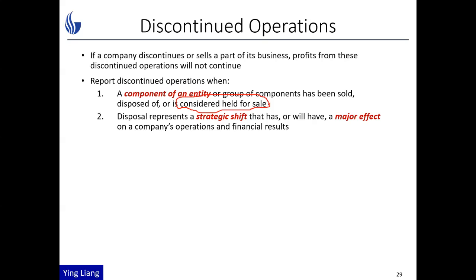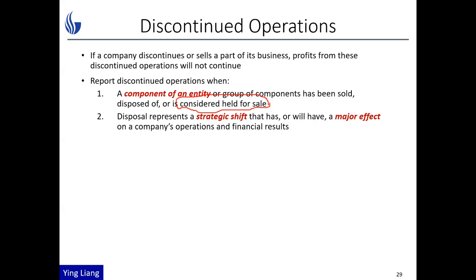Now, the second item, whether the disposal represents a strategic shift, requires the judgment of a company's management team. Examples of possible strategic shifts include the disposal of operations in a major geographical area, a major line of business, a major equity method investment, or other major parts of the company.